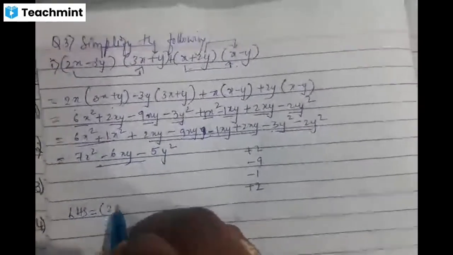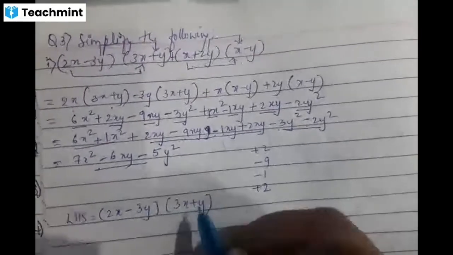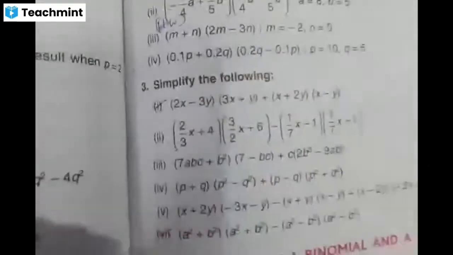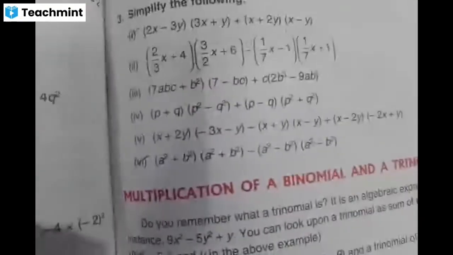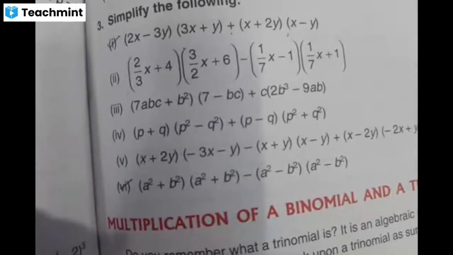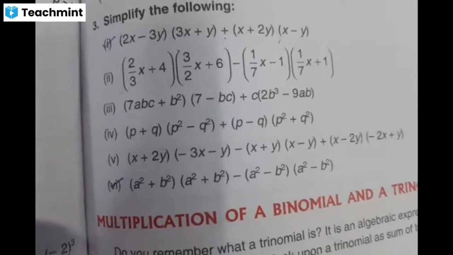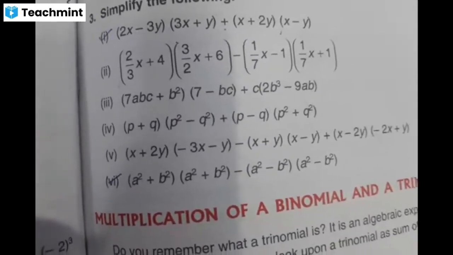LHS is (2x minus 3y) into (3x plus y). Sorry, you don't need to verify, children, in this question. We have only got the question as simplify. So the second question will be (2 by 3x plus 4) into (3 by 2x plus 6) minus (1 by 7x minus 1)(1 by 7x plus 1).